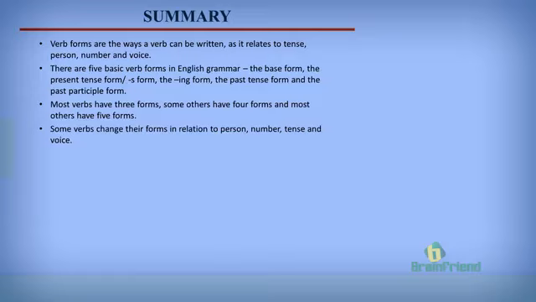We've come to the end of our lesson on verb forms today, but before we round this lesson off, let's take a look at our summary. Today we learned that verb forms are the ways a verb can be written as it relates to tense, person, number, and voice. We also learned that there are 5 basic verb forms in English grammar: the base form, the present tense form or S form, the ing form, the past tense form, and lastly, the past participle form.